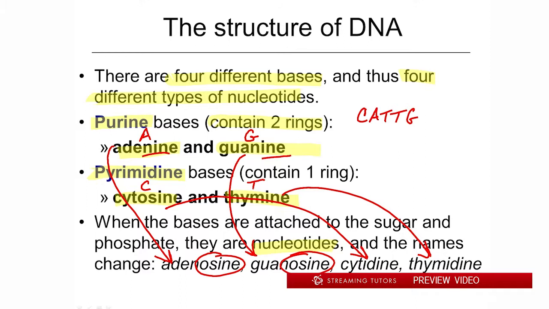But before we leave this slide, I think it's very important, a lot of people ask, how can I easily remember which are the purine bases and which are the pyrimidine bases? It turns out there are a couple of good ways to remember. If you think of one on your own that works, that's great, but I have two for you. One of them is that the word pyrimidine has a Y in it, right?